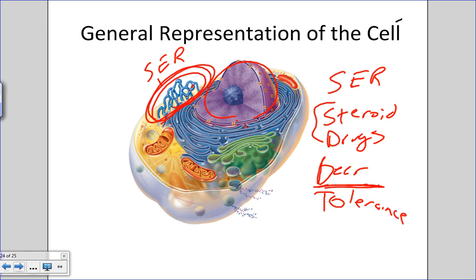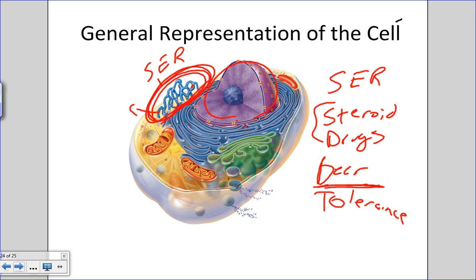You build up a tolerance. You hear about party animals in college talking about this, or alcoholics. What happens is as you consume more alcohol, you develop more smooth endoplasmic reticulum within the cell. And as you develop more of this smooth endoplasmic reticulum, you're more acclimated to break down alcohol.